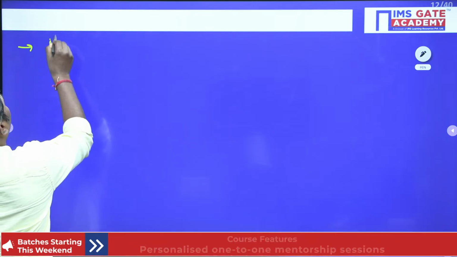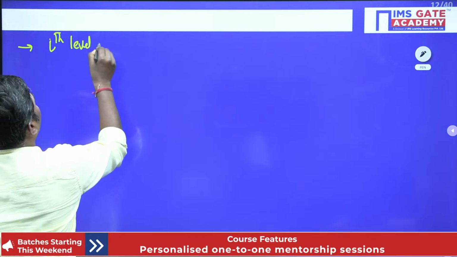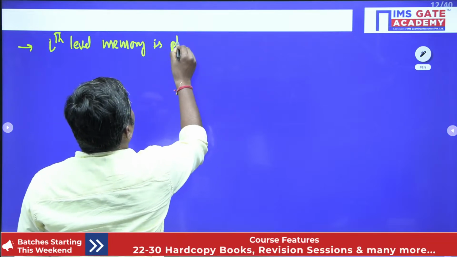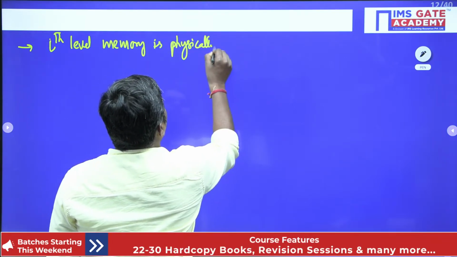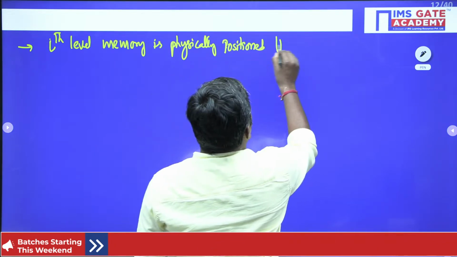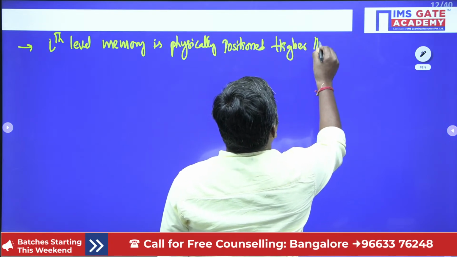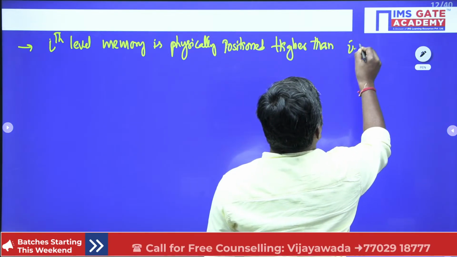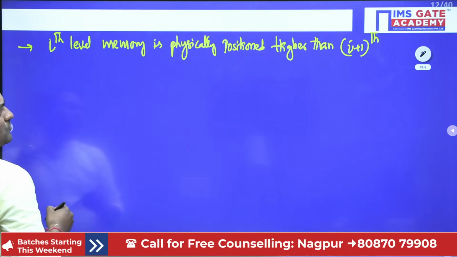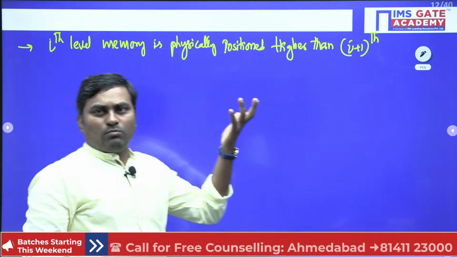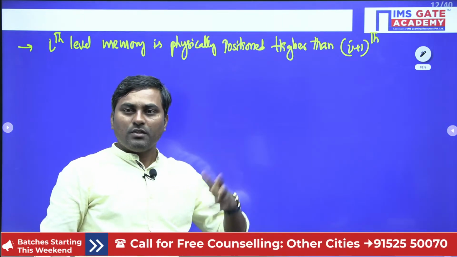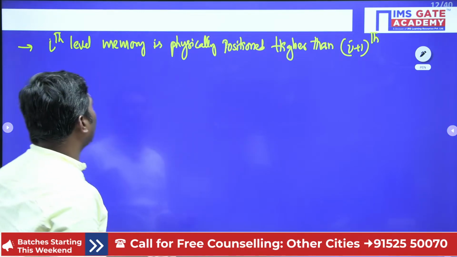The ith level memory is physically positioned higher than the (i+1)th level memory in the memory hierarchy. What does this mean? If I take i = 0, meaning level 1, the top level, it is definitely positioned physically higher than level i+1.